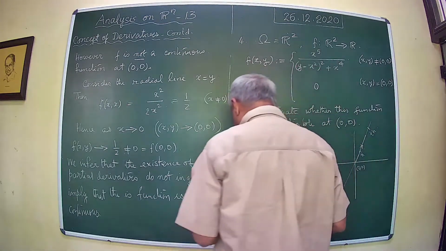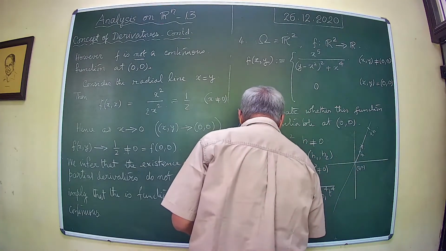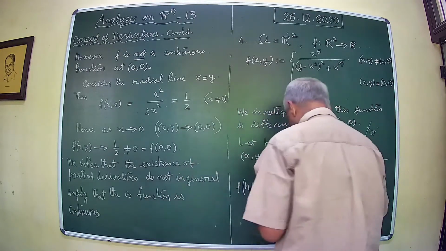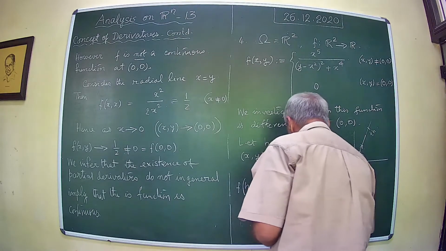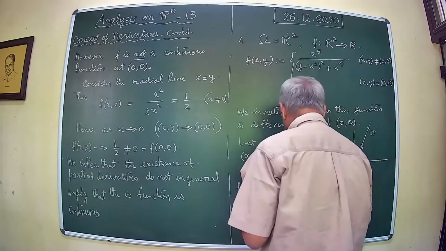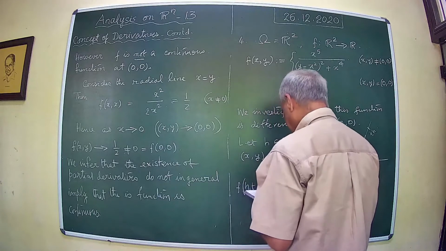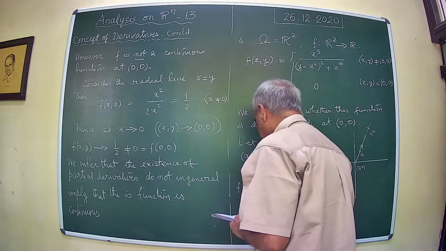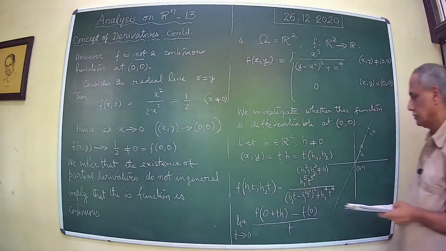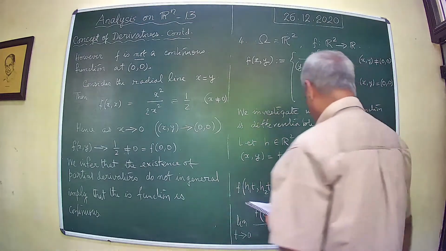Now we look at the derivative of this. So let us take f and we take t times h. Doesn't matter. So limit, you can take the norm of h equal to 1.